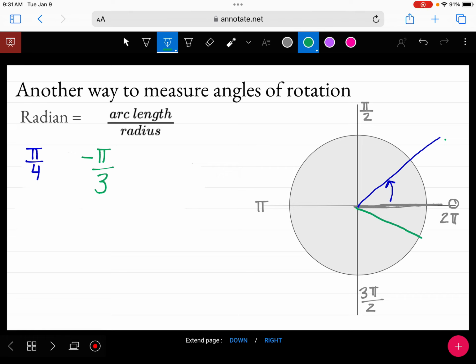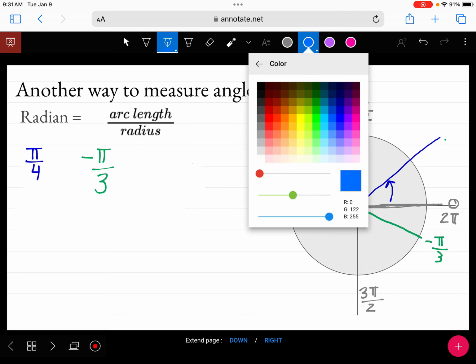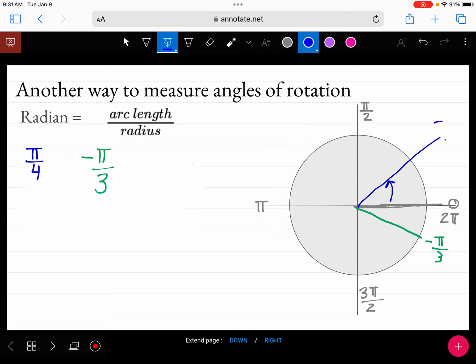So this one is negative pi over 3. I'll come back here and label this blue one properly. This one was pi over 4.